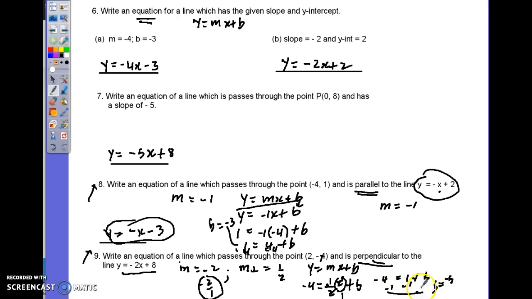So we plug this negative 5 in here, and we get y equals 1/2 x plus b, and b is negative 5.